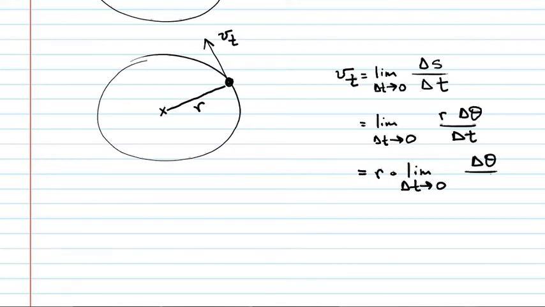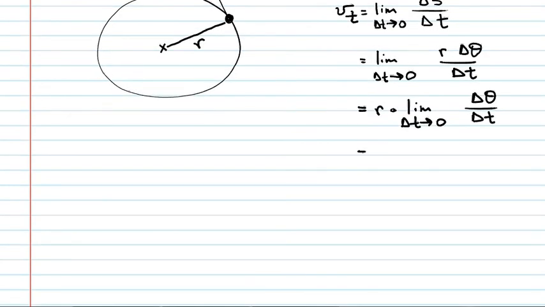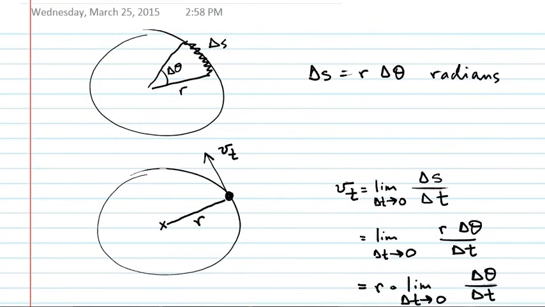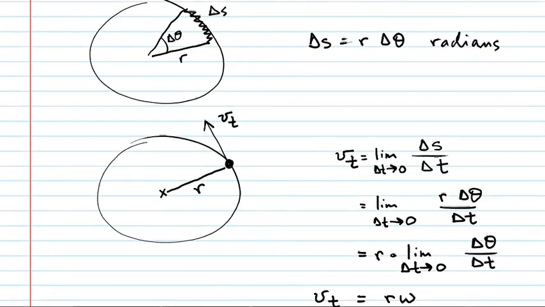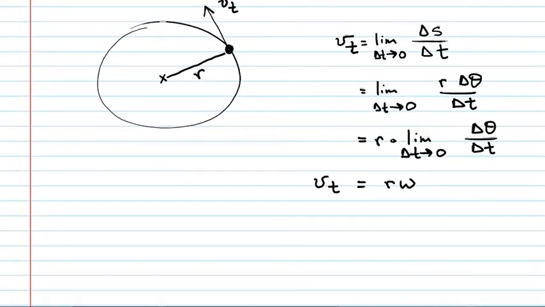We have delta theta over delta t, but that limit was just the angular velocity, so this ends up being r omega. So the linear velocity for a point within a rotating object is equal to the radius of the circle, in essence the distance to the axis of rotation, times the angular velocity.